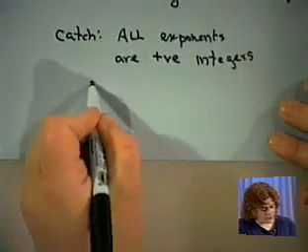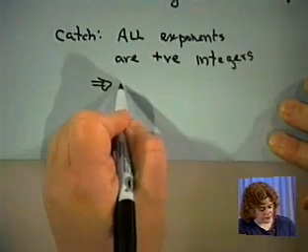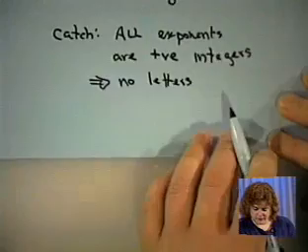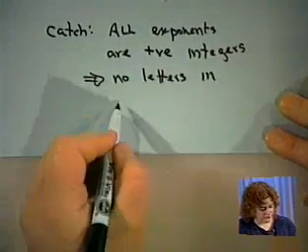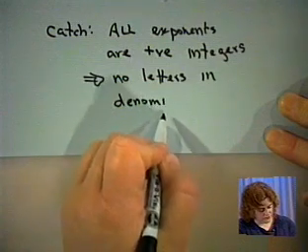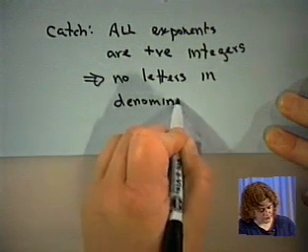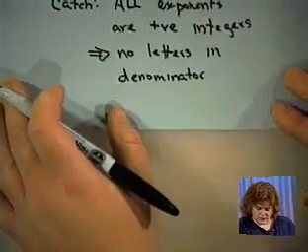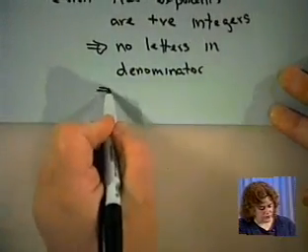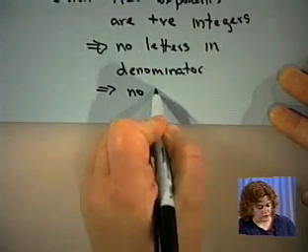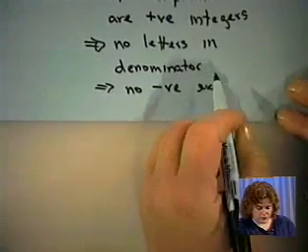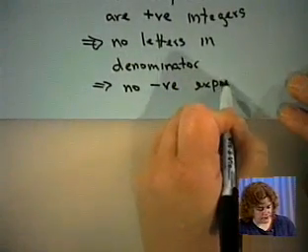What that does for you is that there are no variables, no letters, I'll just write letters for a little variety, in the denominator of any term. And that means also that there are no negative exponents. I just want to emphasize that a little bit. And there will be no fractional exponents either.